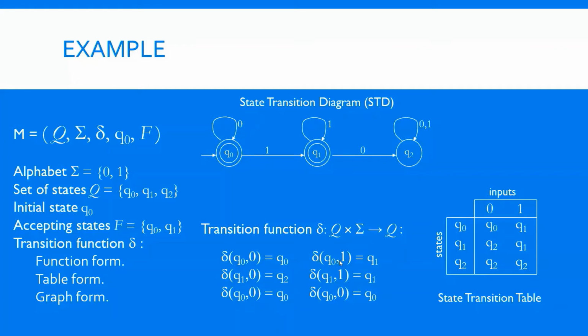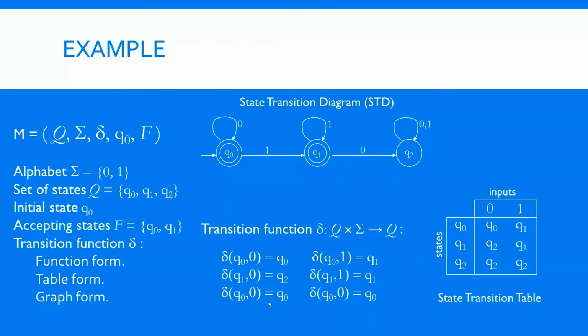Q0 reading 1, go to Q1, so delta Q0 1 equal to Q1. Similarly, Q1 reading 0, what will you do? Q1 reading 1, what does it do? You express in this form. Delta Q1 0 equal to Q2, delta Q1 1 equal to Q1.